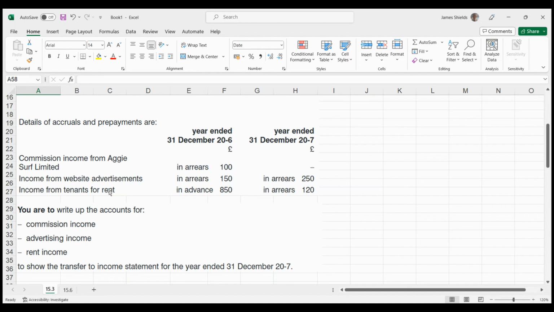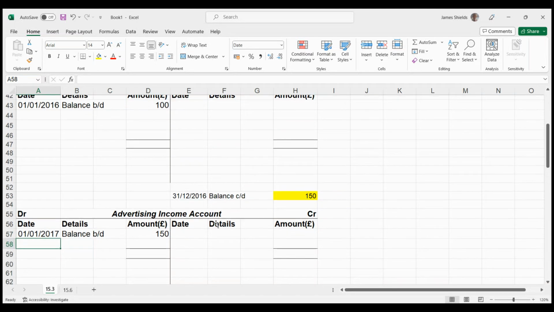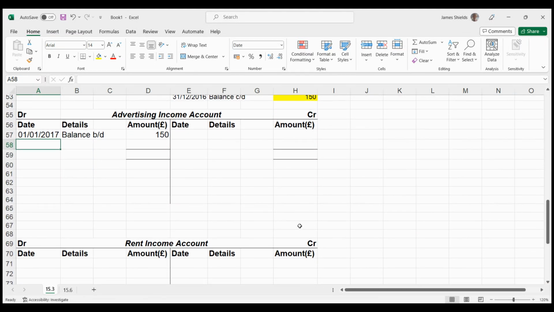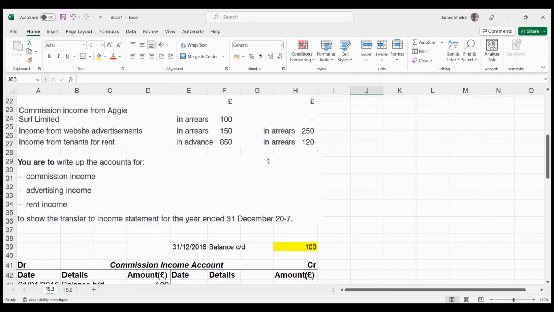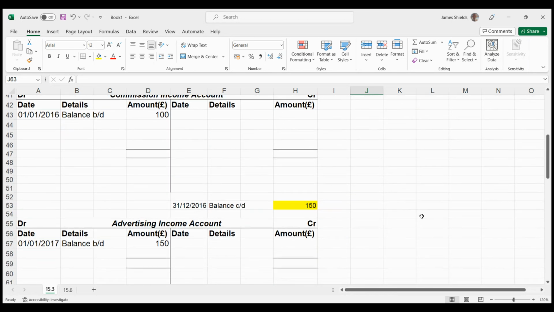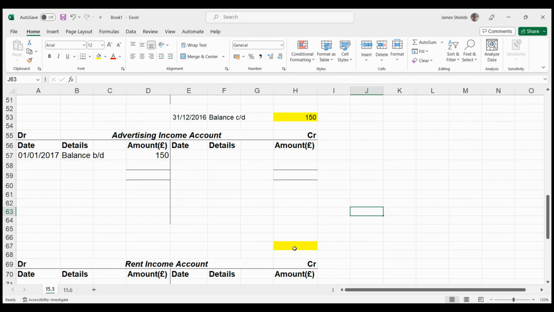Income from tenants for rent is paid in advance of £850. So a rental income. Again, income is on the credit side. It says that it was paid in advance by £850, so they paid too much. So we've basically reduced their income by £850. To reduce it, the £850 goes on the opposite side, which will be the debit side, and that'll be our balance carried down at the end of the year.